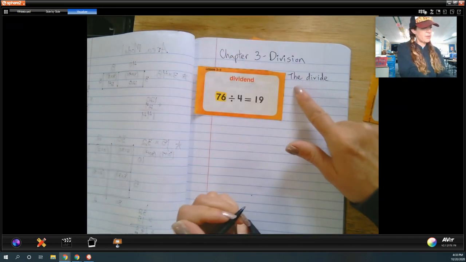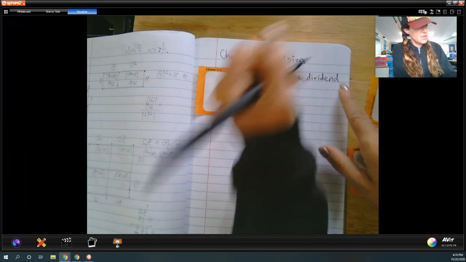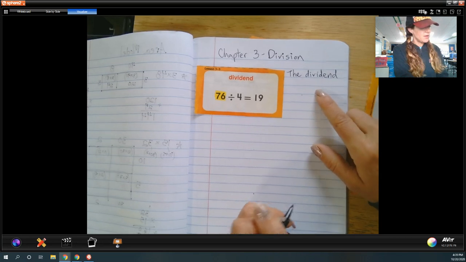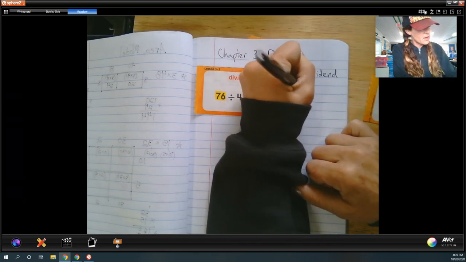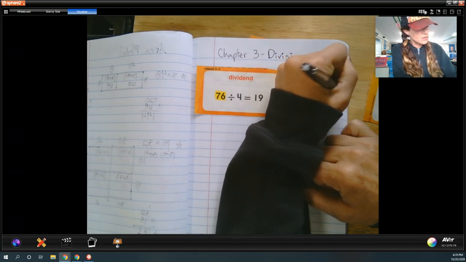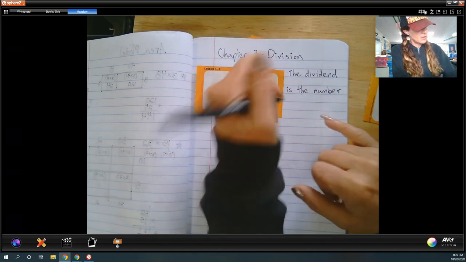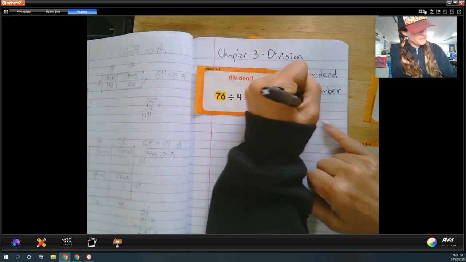So see how we have the word divide in that word? So the dividend is the number that is divided.